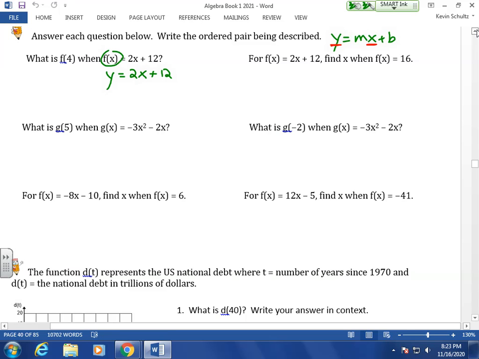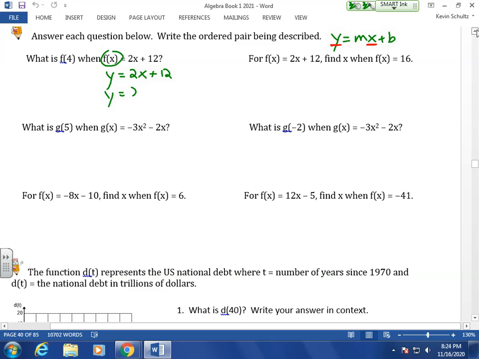Those two equations really mean the same thing. f of x is just a fancy way to represent the y variable. So when it says what is f of 4, it's saying what is the output going to be? What is the value of the function when x is 4?